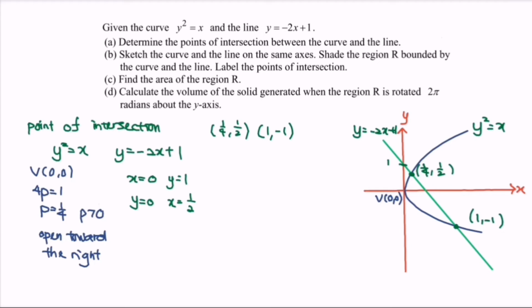They said shade the region R bounded by the curve and the line. So here will be the region R. Here we have negative 1, here we will have 1, and same goes to this part, we have 1 over 2.